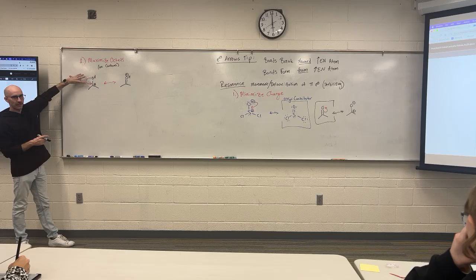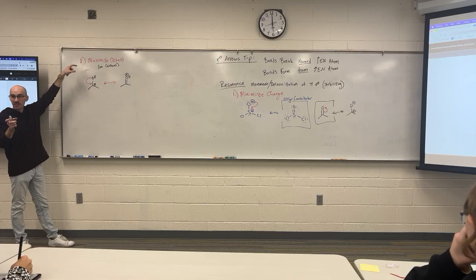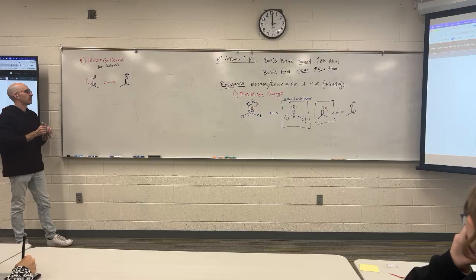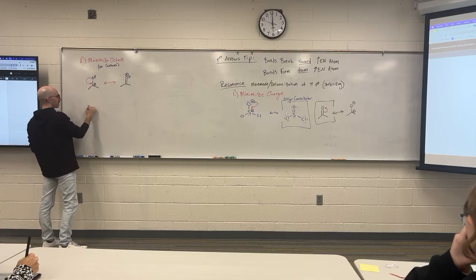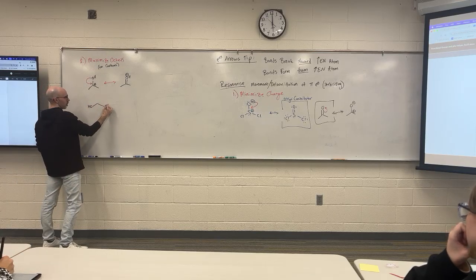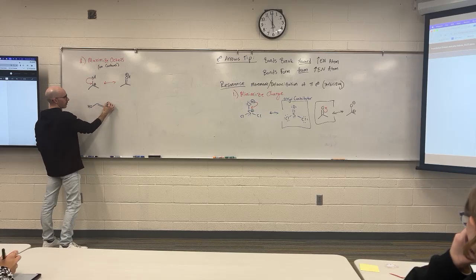This pattern of atoms adjacent to each other sharing electrons is one that we'll see. But another common pattern is to see this happen over a longer scale.